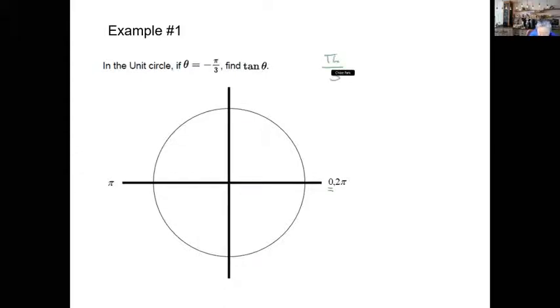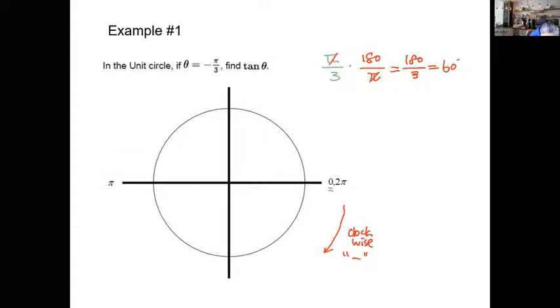Pi over 3 in degrees: we can multiply it by 180 over pi, and then we can cancel, and it's 180 over 3, which is 60. But it's negative, so clockwise. For the negative angle, from the initial side, it's 60 degrees down.